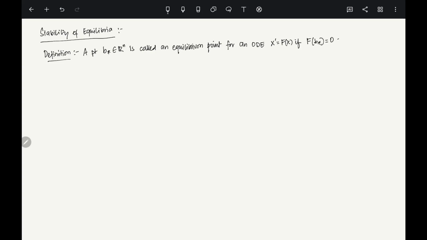So basically at that point, if capital F, the source term, is 0, then we call this an equilibrium point.